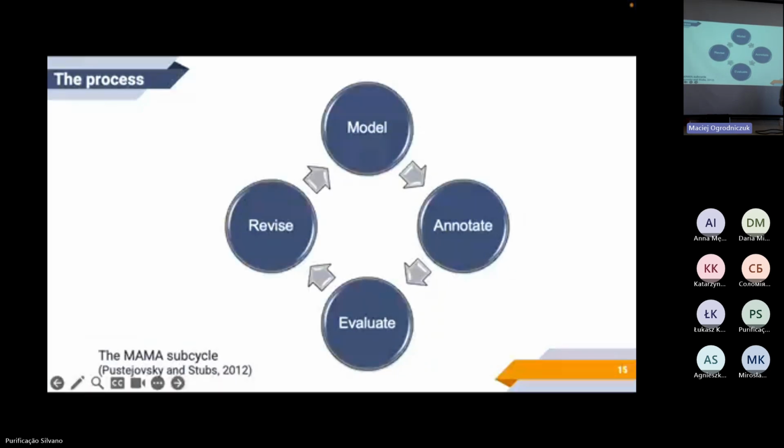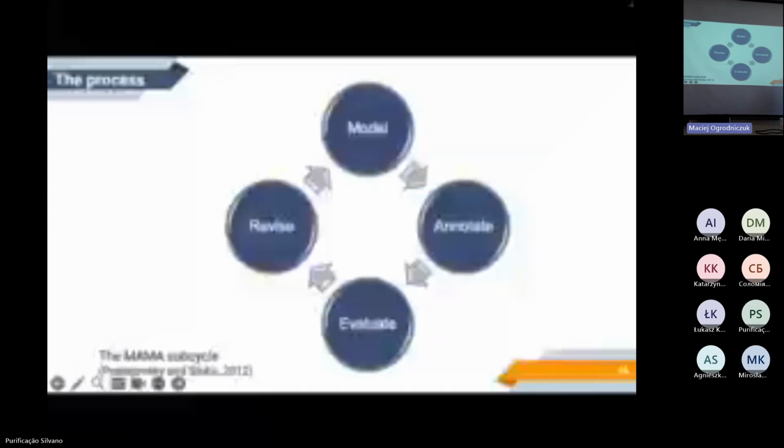And of course, after the revision, we did the subcycle again. We did this as many times as we had to until we were satisfied with the annotation scheme. And this took us almost 1.5 years of the project to develop the first phase of the annotation scheme.